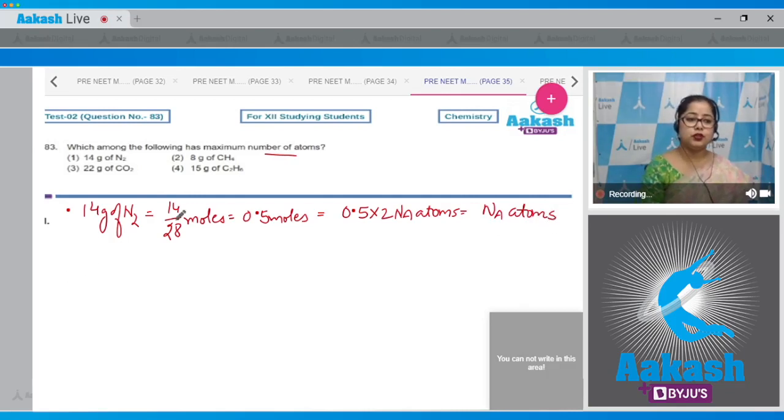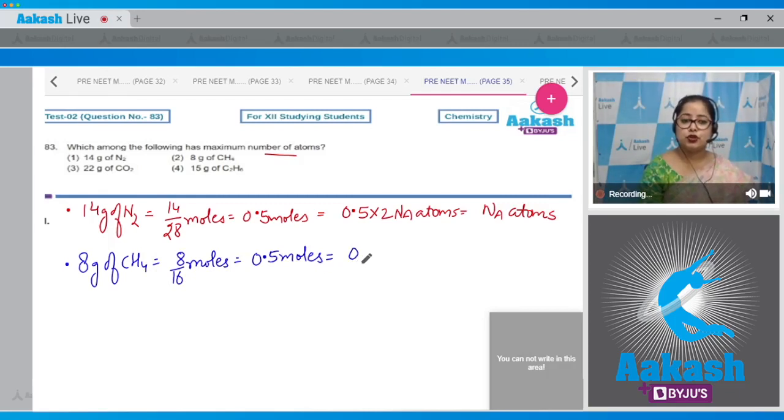Now student, moving to the next option, 8 gram of CH4. Let's calculate number of moles first. So 8 upon 16 moles, which is equals to 0.5 moles, which is equals to 0.5 into 5 Na atoms, which is equals to 2.5 Na atoms.